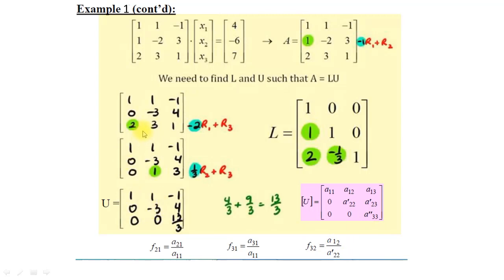So a12 is 1 and a dash 22 is minus 3. So in the lower triangular matrix, this unknown is minus 1 over 3. Now this is the upper triangular matrix and this is the lower triangular matrix. So here we decompose the matrix A into a lower triangular matrix and an upper triangular matrix.